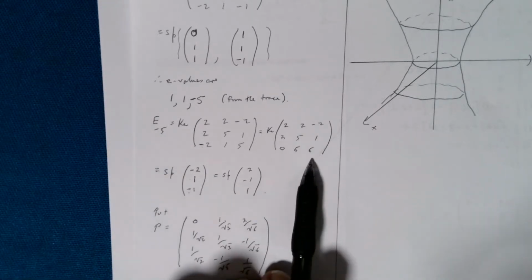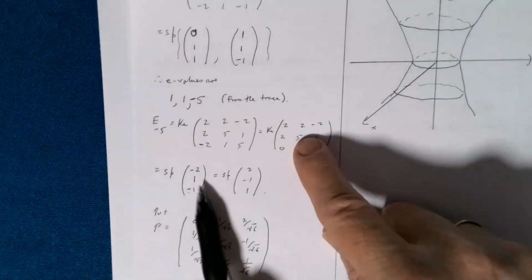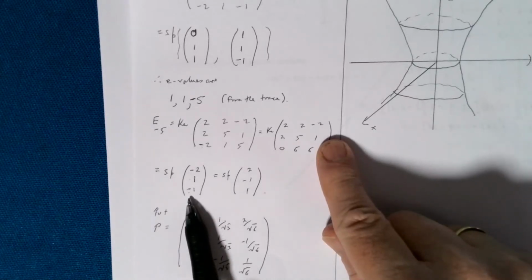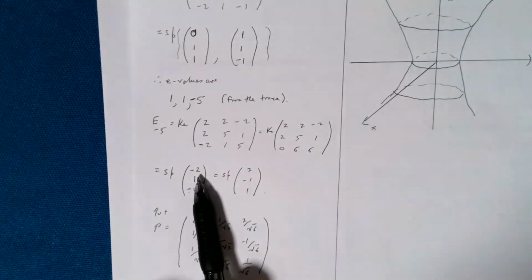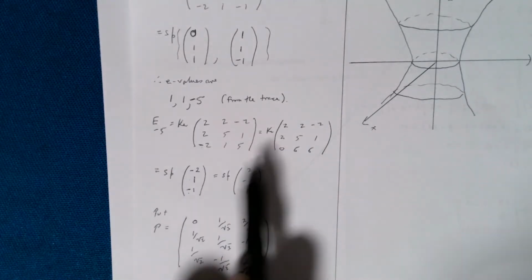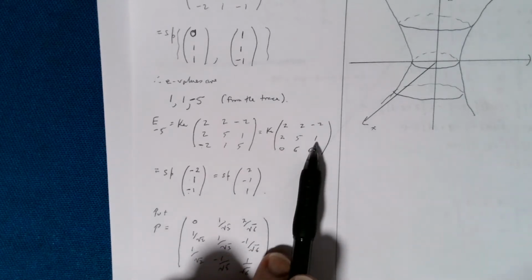And then I just check it on one of the other rows, say this one. So at the moment I've got 5, -1 is 4, so I need -4. And I've got a 2 there, so I'll take -2 lots of that, and that'll make this dot product with the second row to give me 0. And of course we should always check with the top row that that'll make sense.